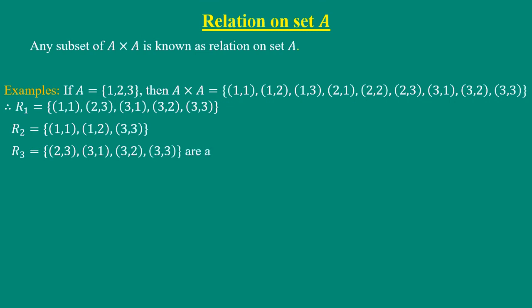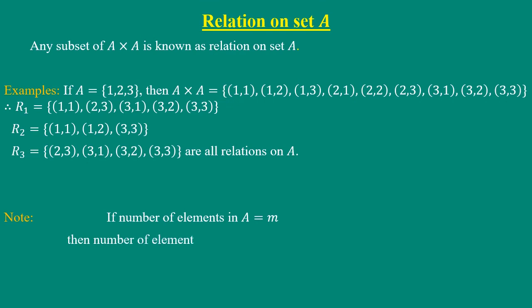These are all relations on A because all the three, R1, R2 and R3, are subsets of A cross A. So if the number of elements in A is equal to m, then the number of elements in A cross A will be m square. Therefore, the number of distinct relations on A is equal to 2 to the power m square.